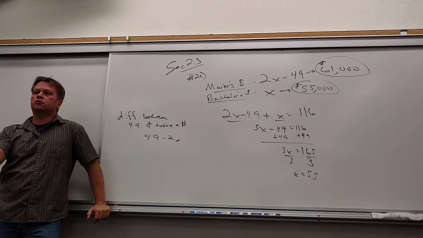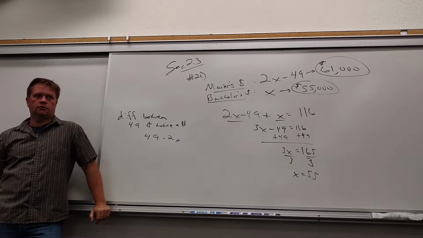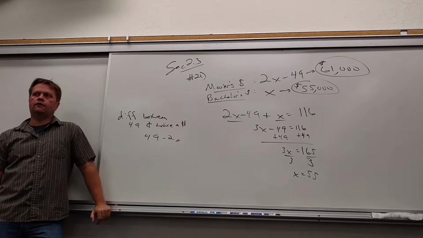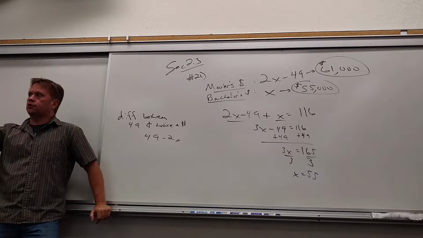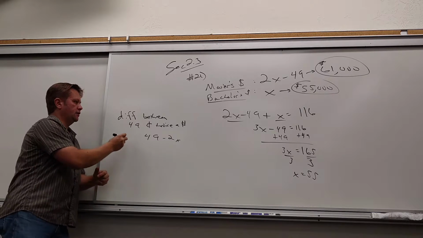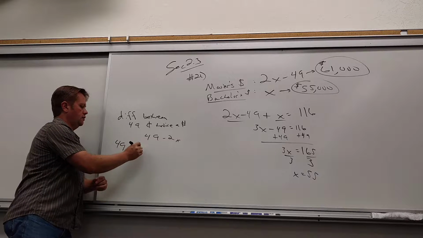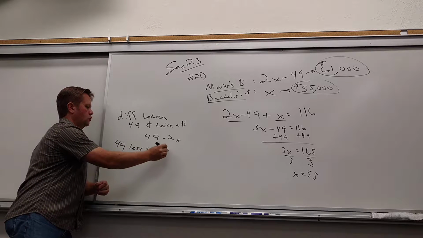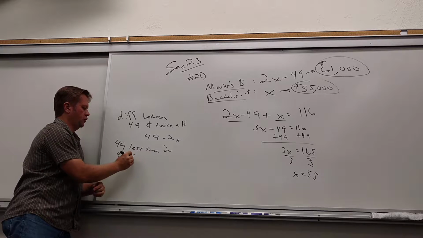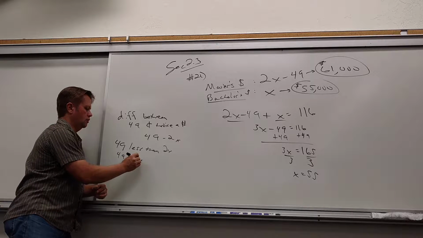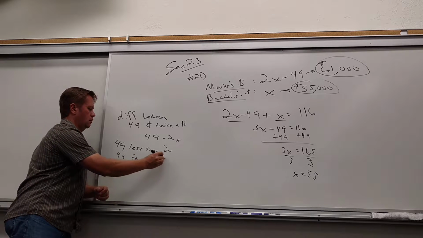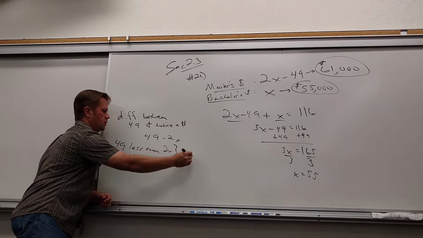If I said the difference between 10 and 7, you would tell me 10 minus 7 is 3. You subtract it in the order I told you. If I said 49 less than twice a number, or if I said 49 fewer than, both of these would be 2x minus 49.